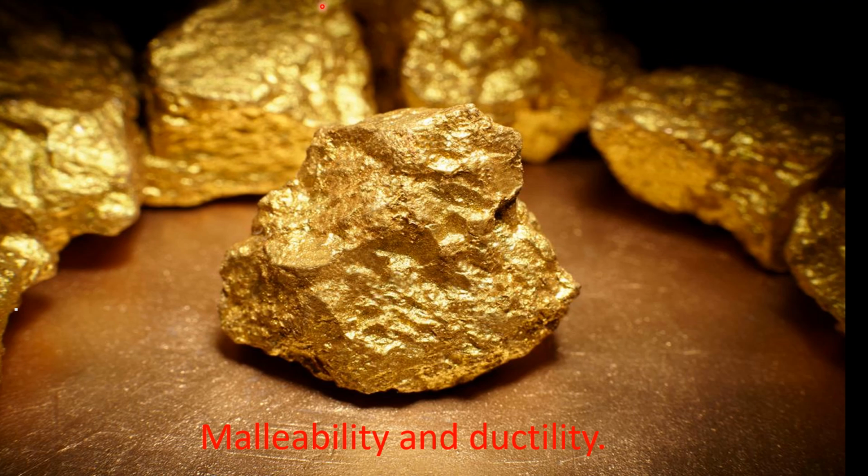So these materials change shape without breaking. In other words, it is the property of metals to deform under compression and take a new shape. Examples of malleable metals are gold, iron, aluminium, copper, or silver.